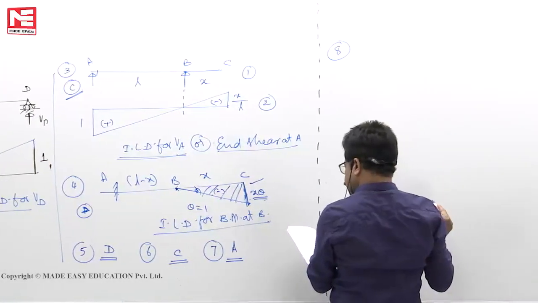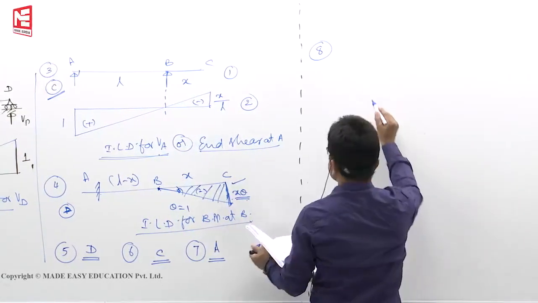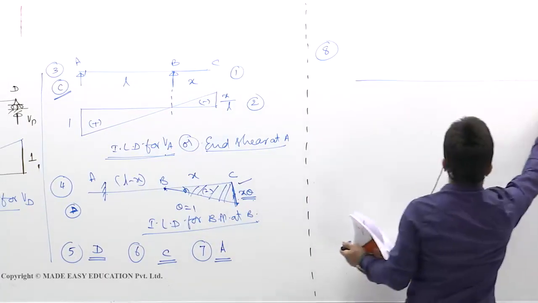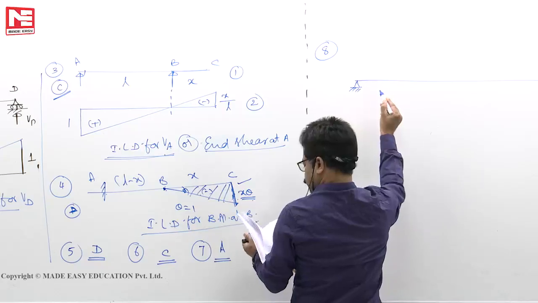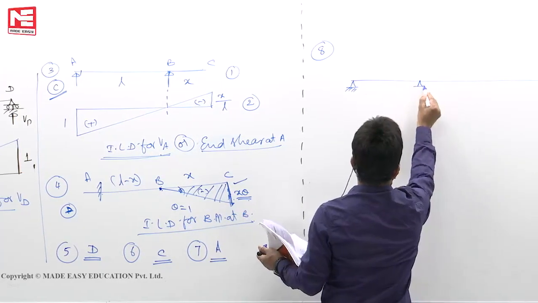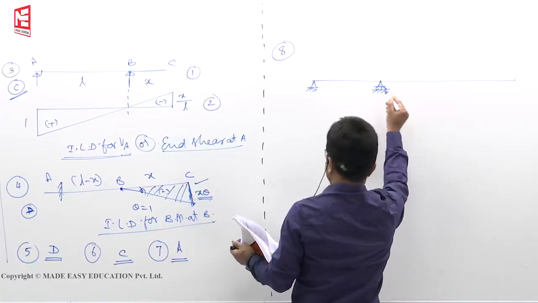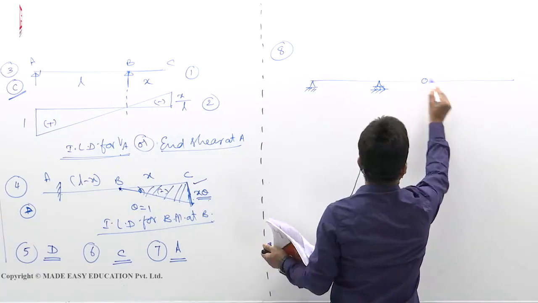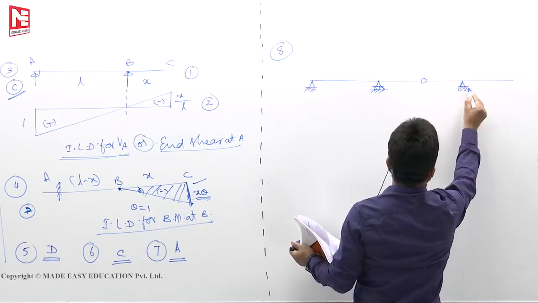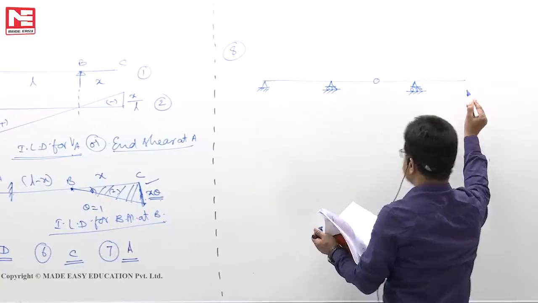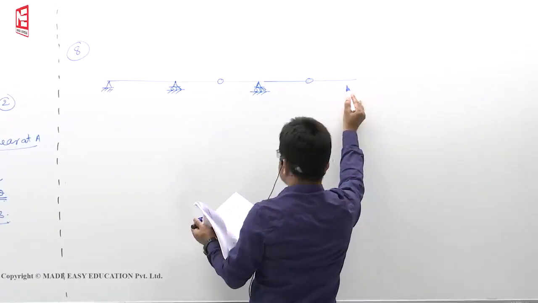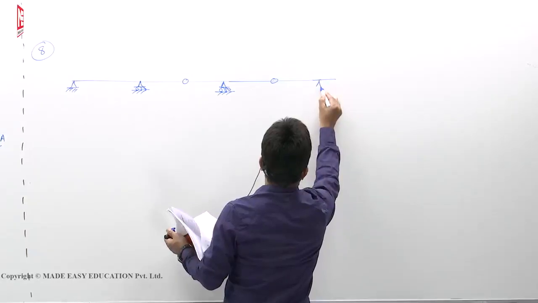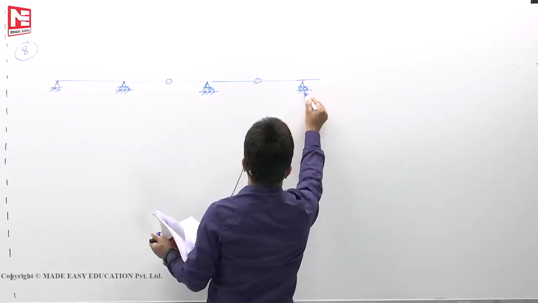Next, the eighth question. ILD for reaction at B. There is one beam like this. Here there is a roller, there is a hinge, there is a roller, there is a hinge, there is a roller. A little overhang was there.